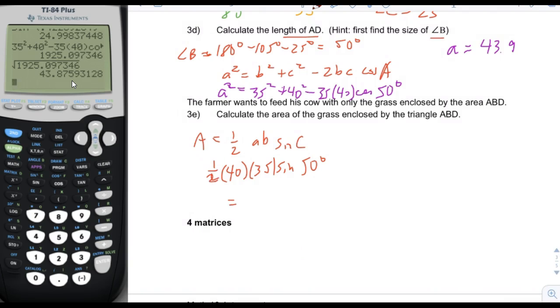So it's going to be 1/2 times 40 times 35 times sine 50. Let's do sine 50 first. Sine 50 is 0.766. Then we multiply that times 1/2 times 40, which is 20, and multiply that times 35. And the answer is 536.